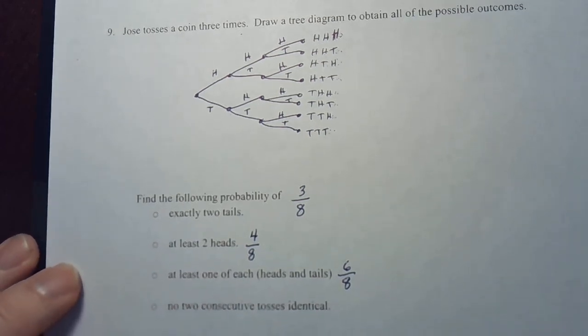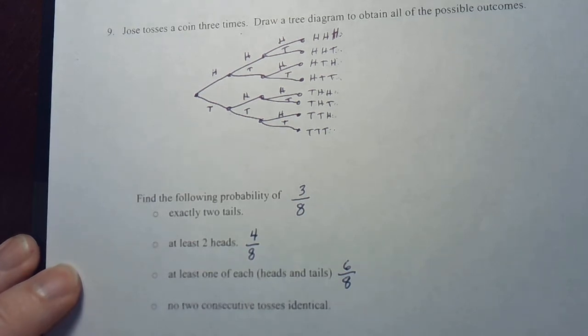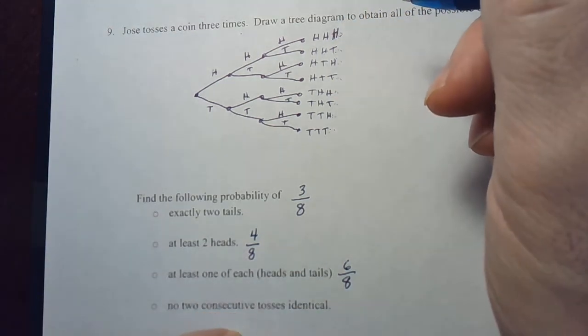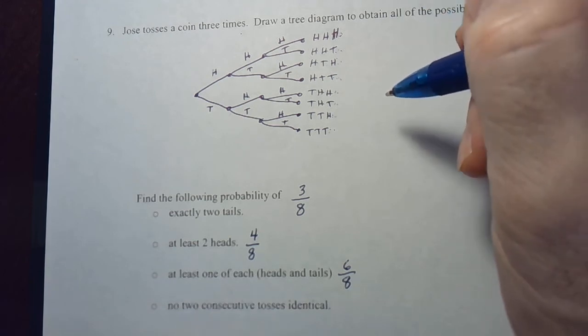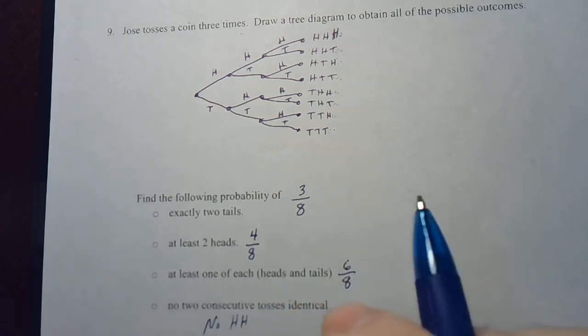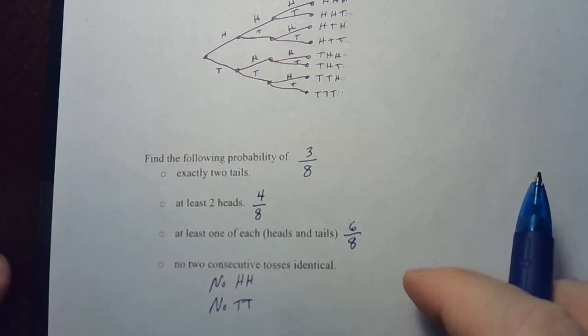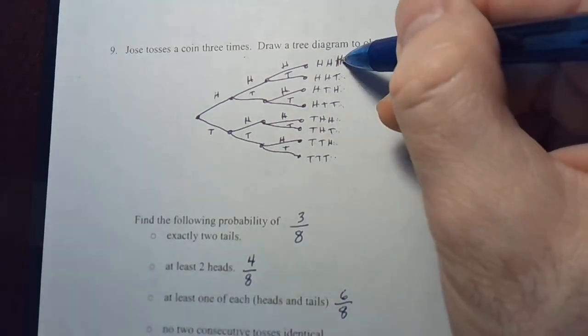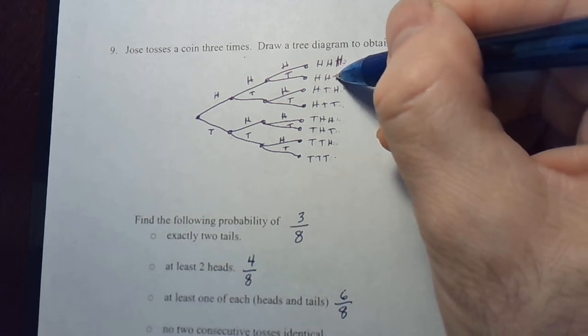And the last one. Find the probability of no 2 consecutive tosses identical. So remember, we've got 3 tosses going on. So we're not allowed to have HH anywhere in it and no TT anywhere in it. So let's count up the ones. That's got consecutive H's, so does that.